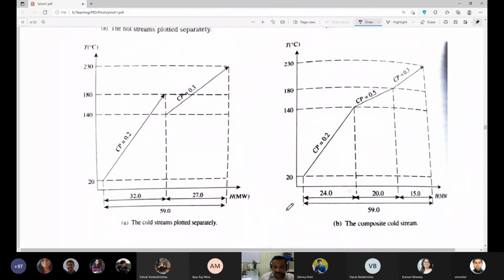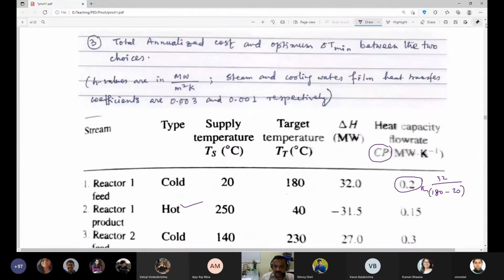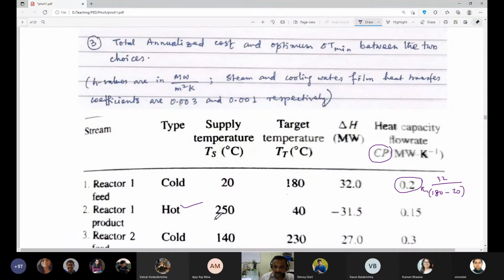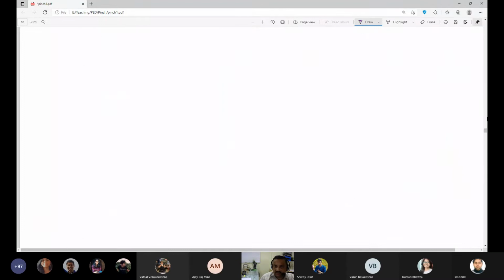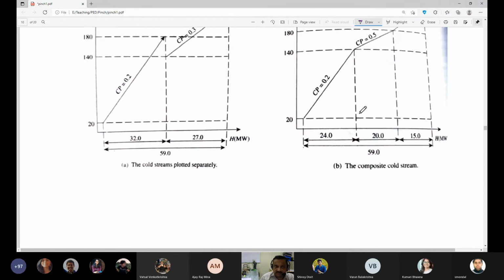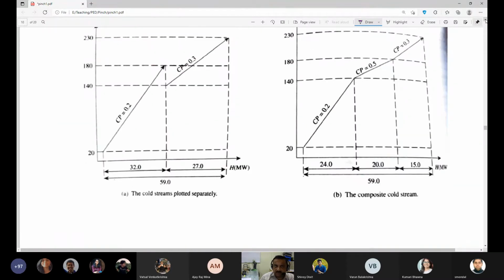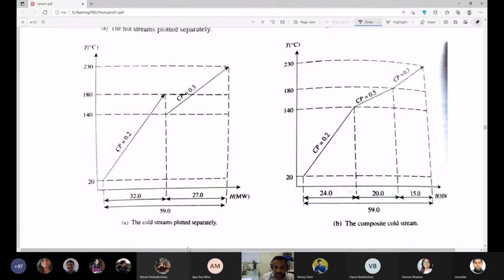Similarly, for the cold stream, the temperature was increased from 20 to 180 in one stream, and in the other cold stream from 140 to 230. Here also the same treatment has to be done.